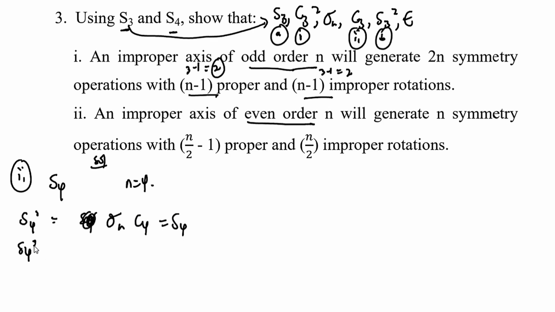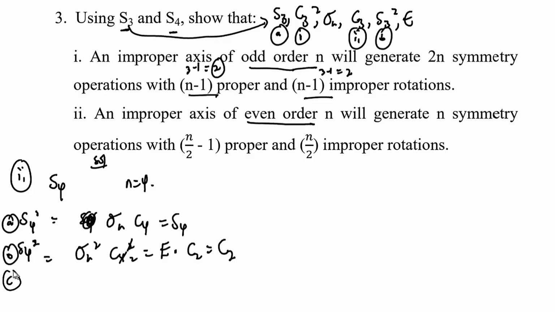So we're going to have these two. So it's going to give sigma_h squared and C4 squared, right? So this will give us identity, and this will give us 2 here. So it's going to be C2. So we have C2 here. So let's call this 1 or A, B. So C. So we have S4^3. So this will give us sigma_h^3, and we have C4^3.